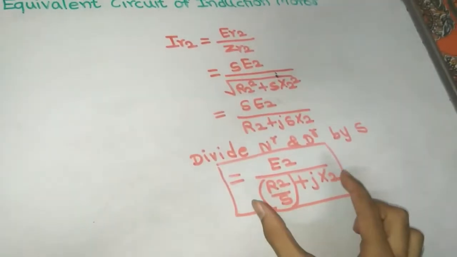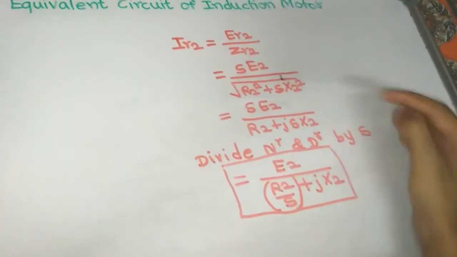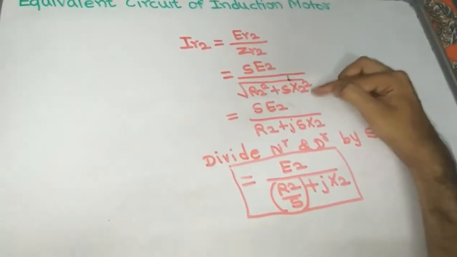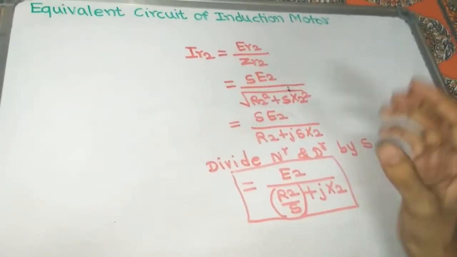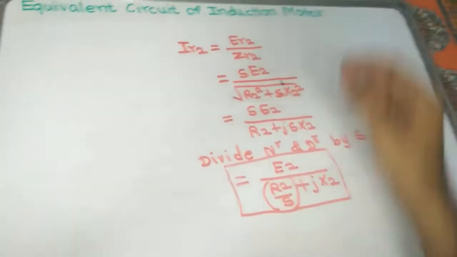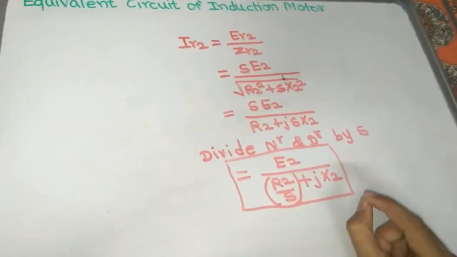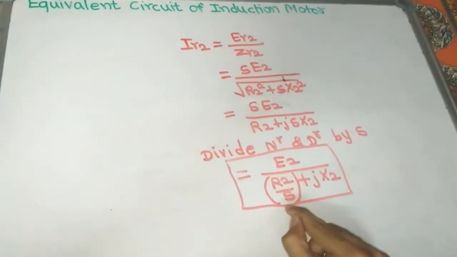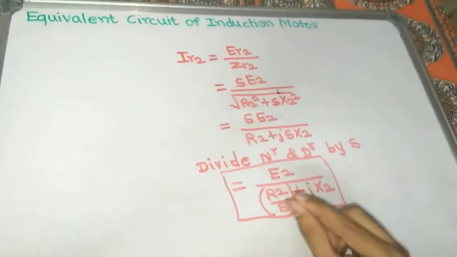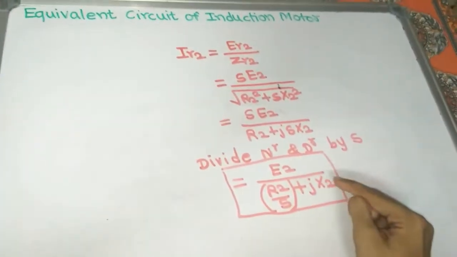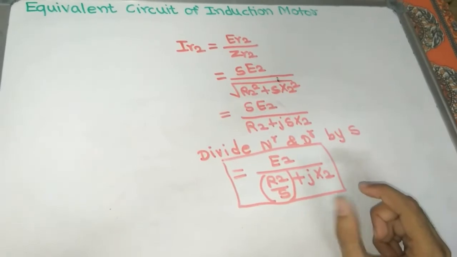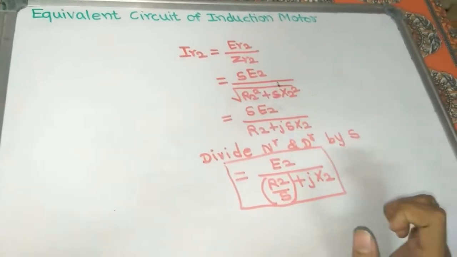By making that arrangement, the rotor reactance per phase does not depend on slip S, and the EMF induced in the rotor does not depend on slip S; only the rotor resistance per phase depends on slip S. Actually, rotor resistance per phase is constant, and the rotor induced EMF per phase and reactance per phase are varying.